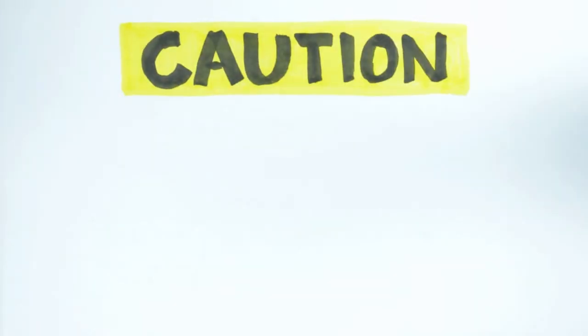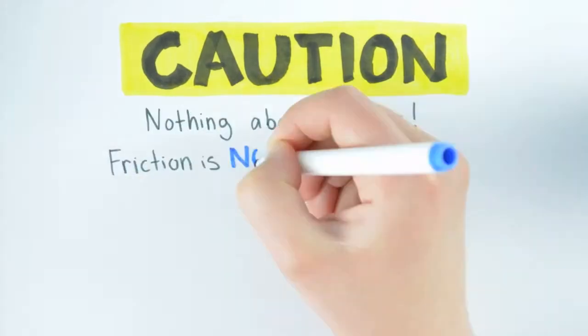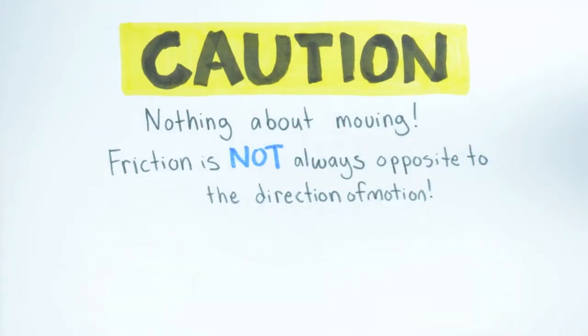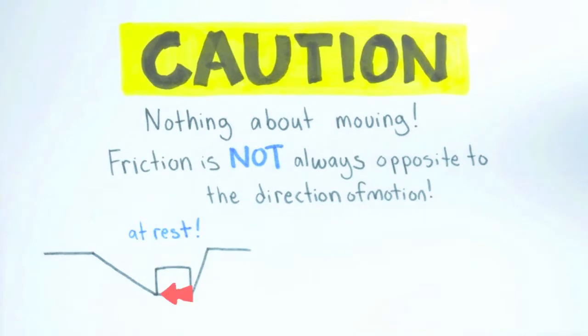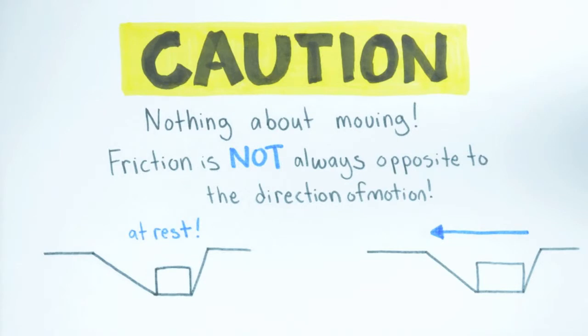Now, here's a big caution. We said nothing about how our system is moving. So don't fall into the trap that friction is always in a particular direction, that is, always opposite to the direction of motion. The block here could be at rest and we could still have a friction force. The block could be moving, and in fact, the friction force could be in the direction of motion.